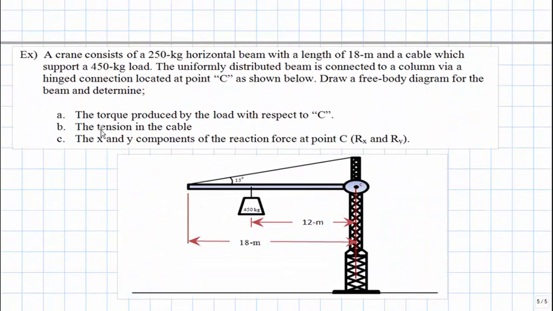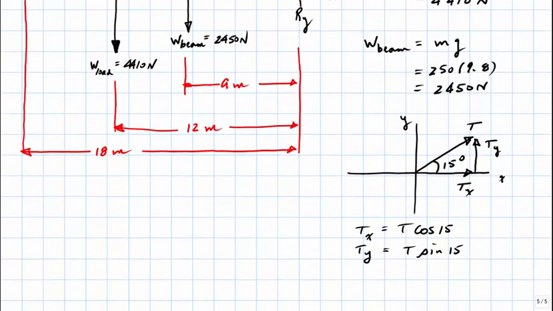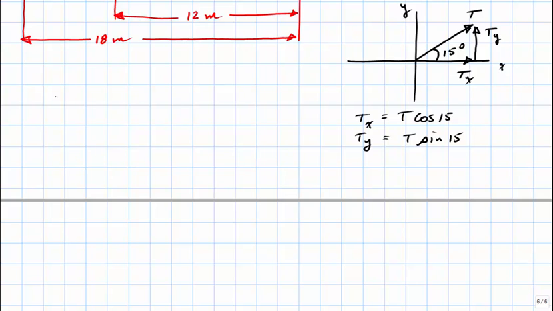In part A, we would like to determine the torque produced by the load with respect to the center of rotation, which we labeled as C. So here's our load, and we need to evaluate the torque that's produced by it. We'll label it as the torque of the load, and of course the torque of the load simply equals the force of the load times the moment arm times the sine of the angle between the force and the moment arm.